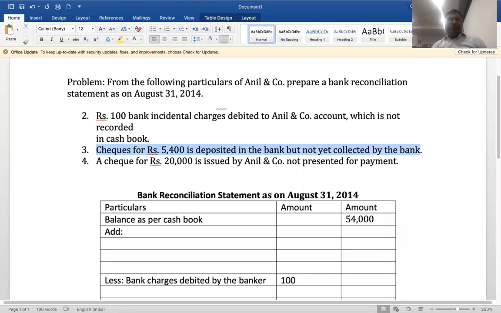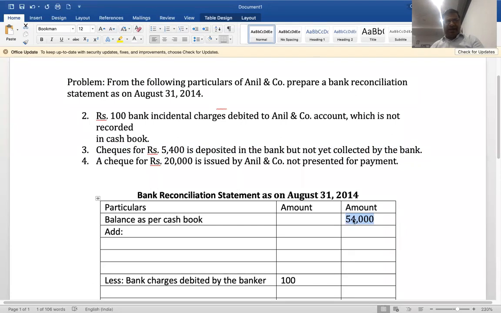When you have deposited the checks, as per the cash book, it became 54,000.